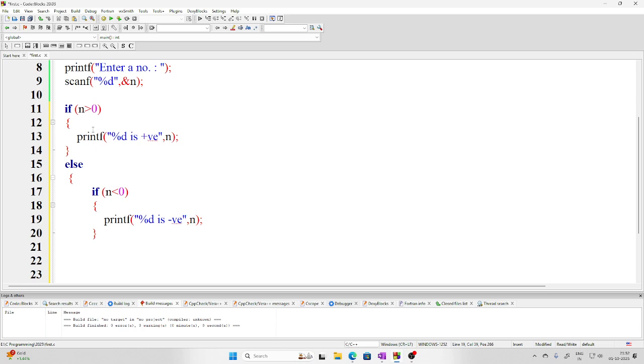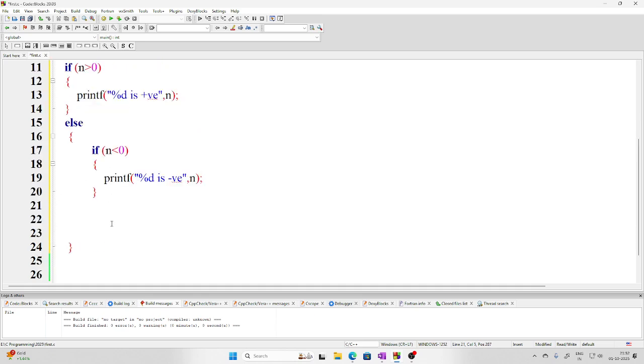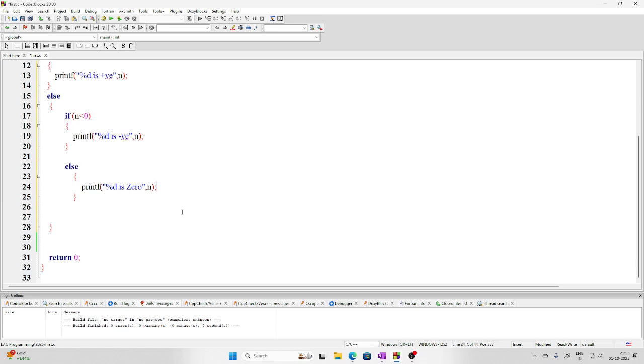Now what if the number is neither positive nor negative? Then it has to be 0. So now comes your else condition: printf "%d is 0", comma n. Okay, that is how you can write your nested if else.